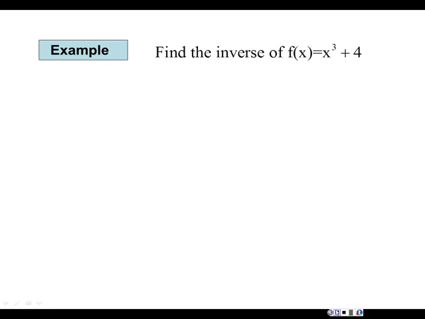So when you solve it, you isolate y, so you take the cubic root to isolate the y, and at the last step you replace the y by f inverse of x. So f inverse of x equals the cubic root of x minus 4.